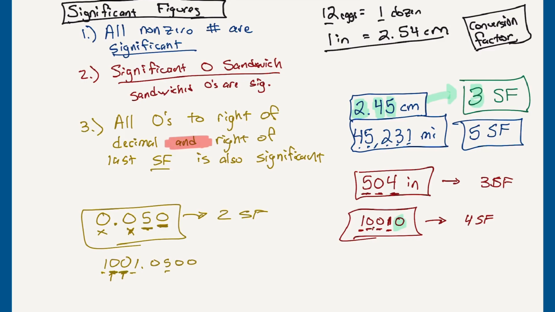This one is also a significant sandwich because the 1 and the 5, this one is sandwiched in between them. That's significant. And these guys right here are also significant because they're to the right of the 5 and to the right of the decimal. Both of them are. And so therefore we have 1, 2, 3, 4, 5, 6, 7, 8 significant figures there. So that is a number with a lot of precision.